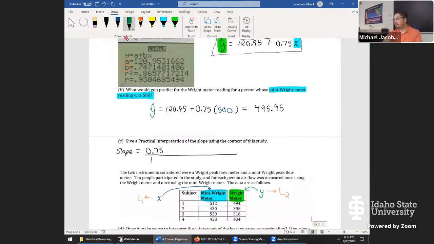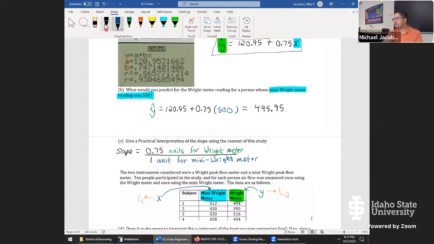So I'll put here for the numerator, 0.75. Let's see. They didn't tell us what the units were exactly, so I'll just say units for the right meter. Then the denominator units are always the units associated with the x variable. So we can say down below, 1 unit for the mini right meter.